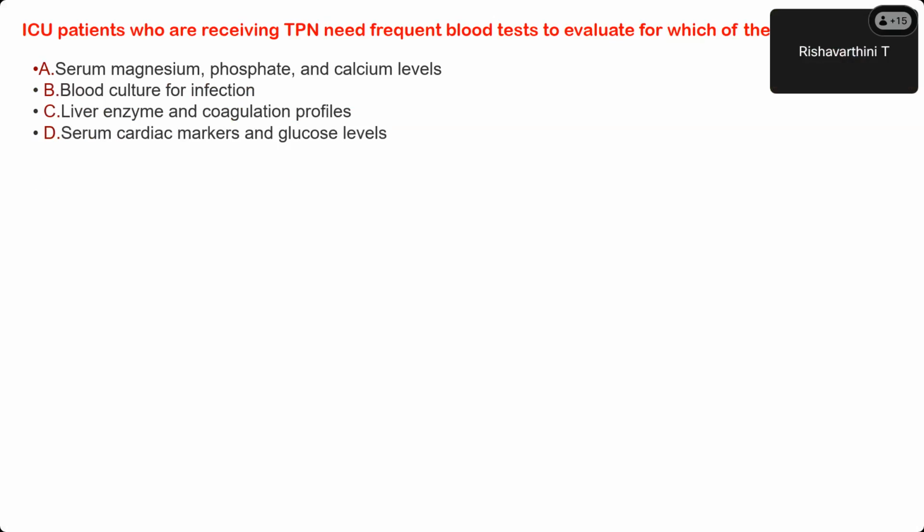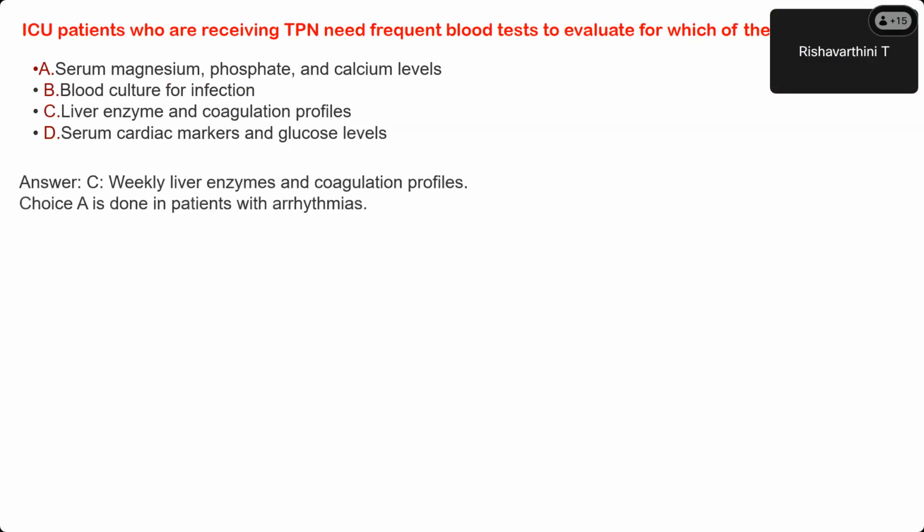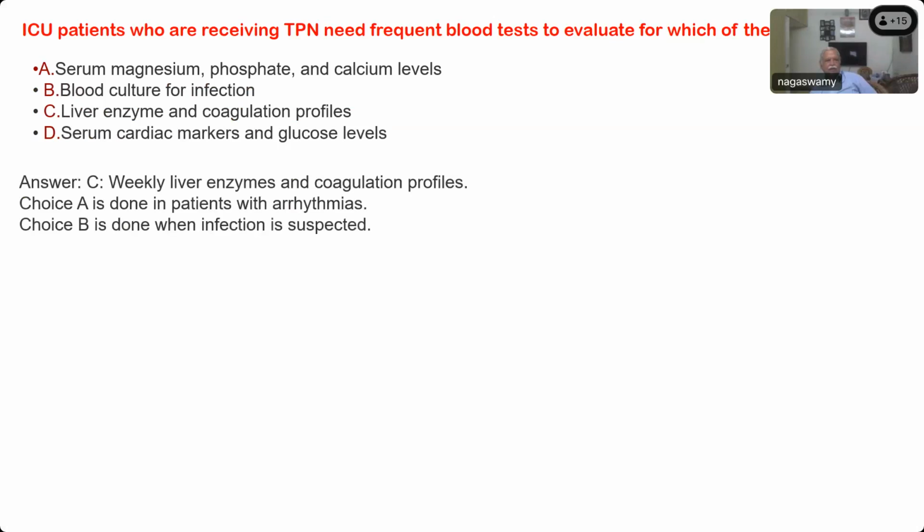Liver enzymes and coagulation profile, because that is the one which will arrange faster. Choice A is done in patients with arrhythmias. Choice B is done in patients who have infection. And choice D is done in patients with heart disorder. So the regular thing is only enzymes and coagulation.